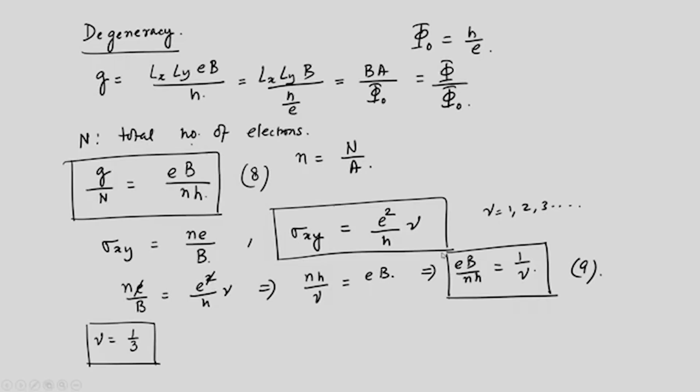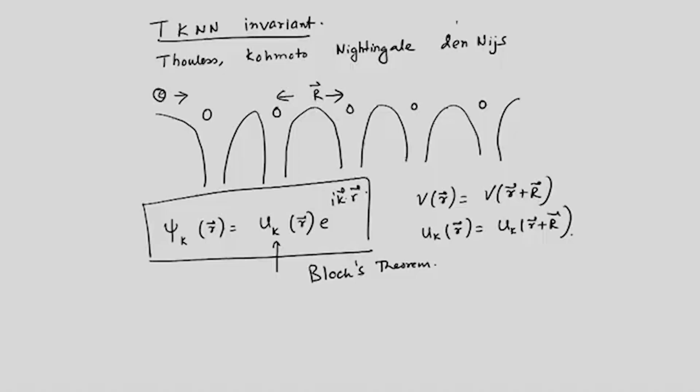And what I say is that the Chern number replaces nu, and since the Chern number is a topological invariant, nu also is an invariant, and that is why the plateaus exist. But it is difficult to show these things by doing calculations in a system such as a 2D electron gas. So, what we decide to do is show this in a system which has translational invariance, that is, the case of a periodic potential.